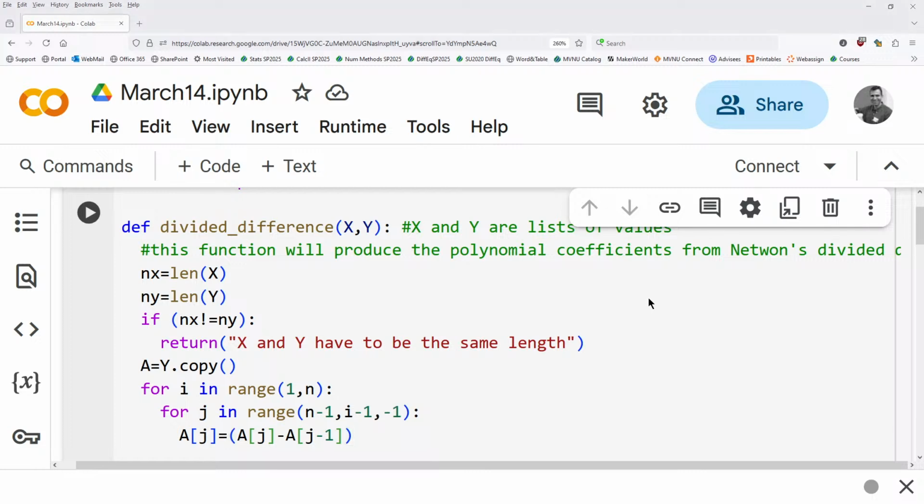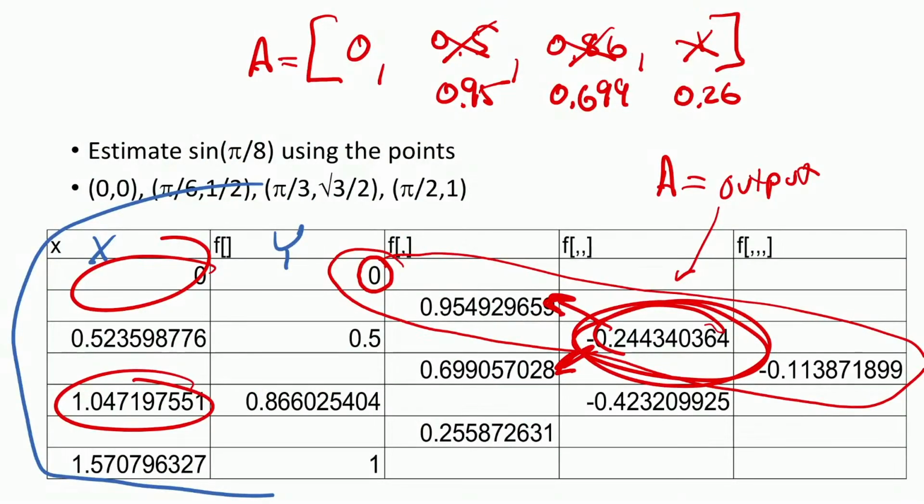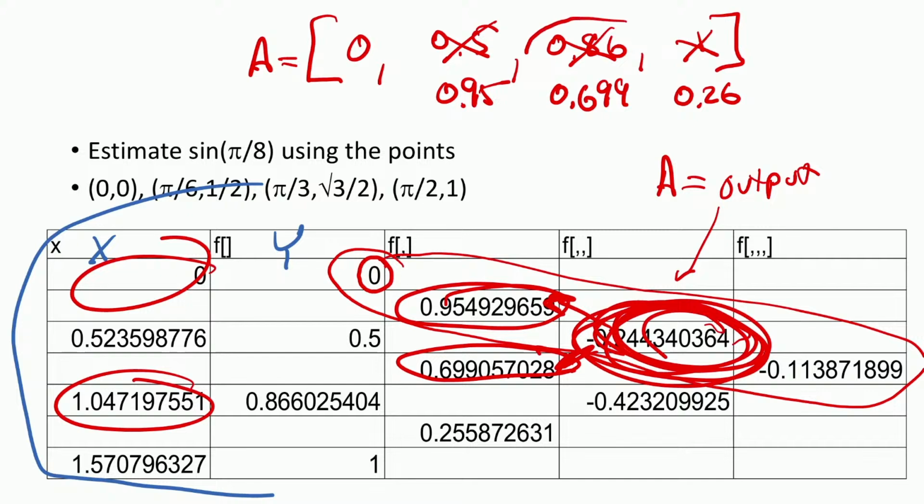All that's saying is that this number over here is equal to this minus that. So the number that I end up putting here will be this 0.699 minus the 0.95.